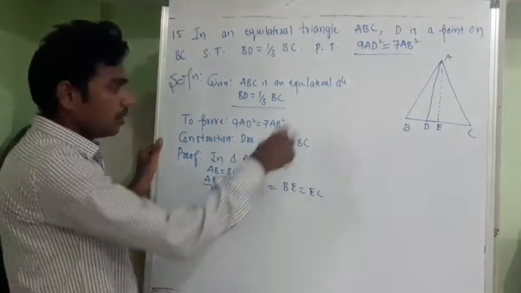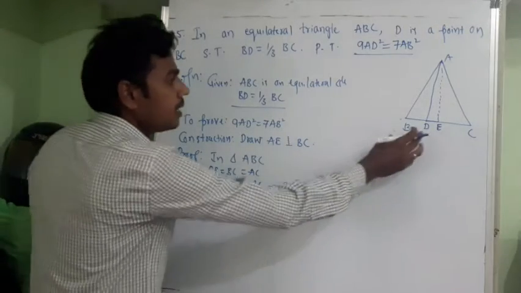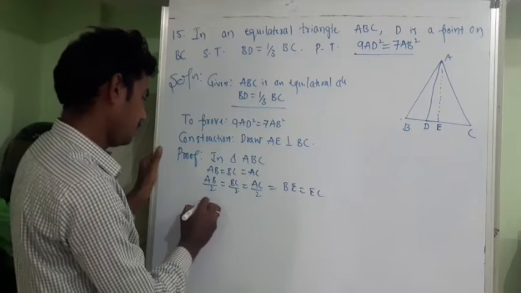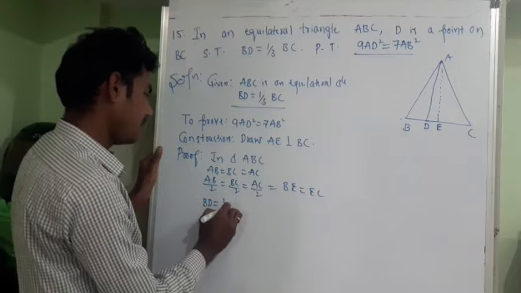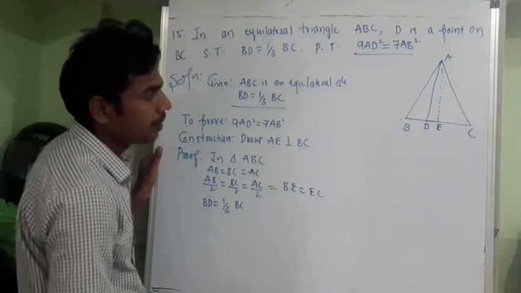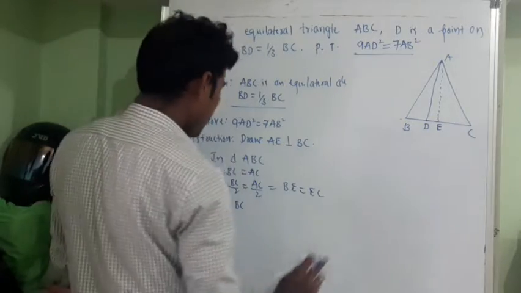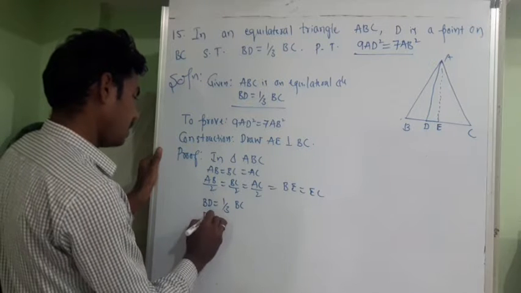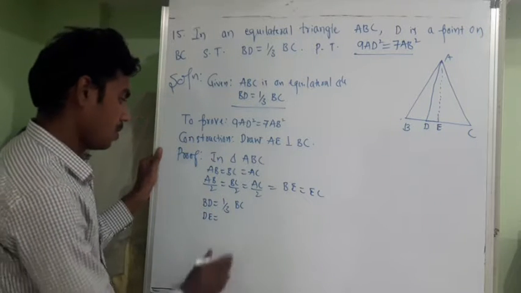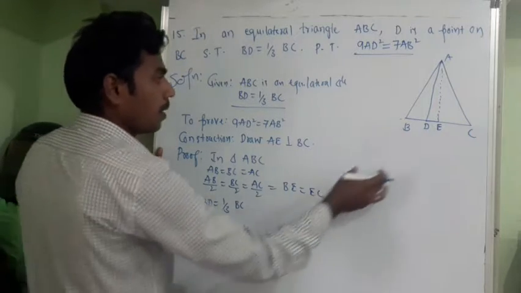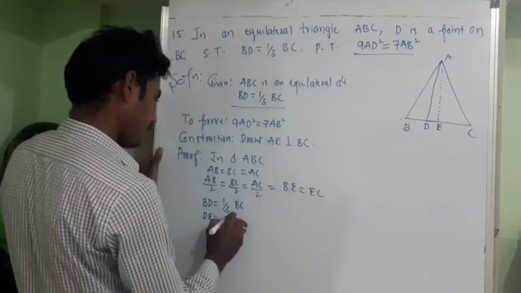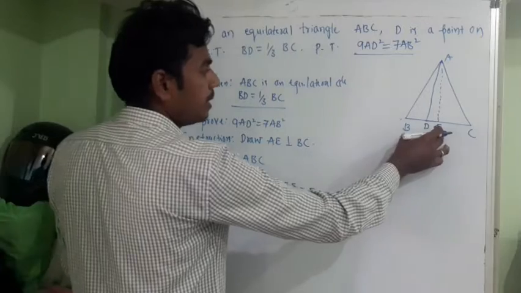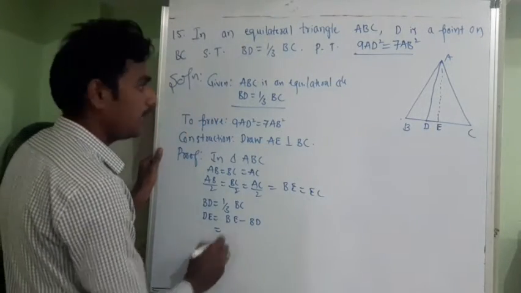Now, after that, what is given to us: BD is equal to 1 by 3 BC. So then what about DE? DE will be equal to BE minus BD. So what is BE?